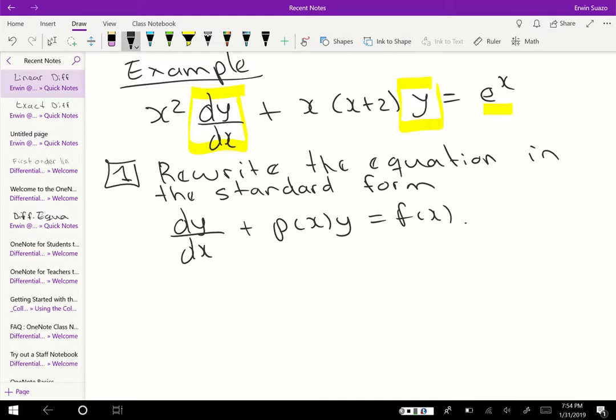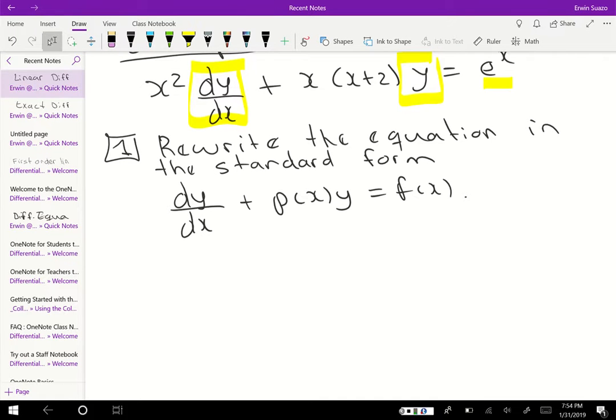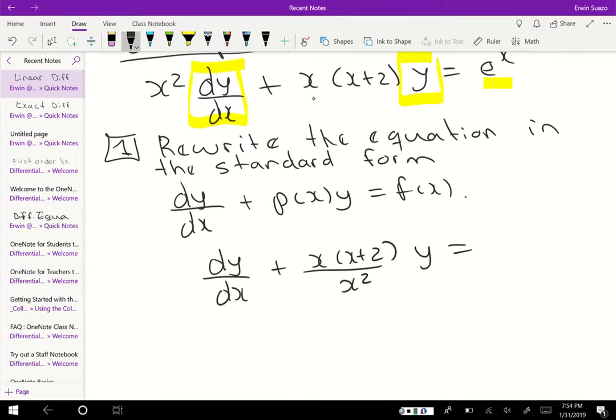To do that, we need to divide by x squared, right? So we do dy/dx plus (x plus 2) divided by x squared, y equals e to the x over x squared.